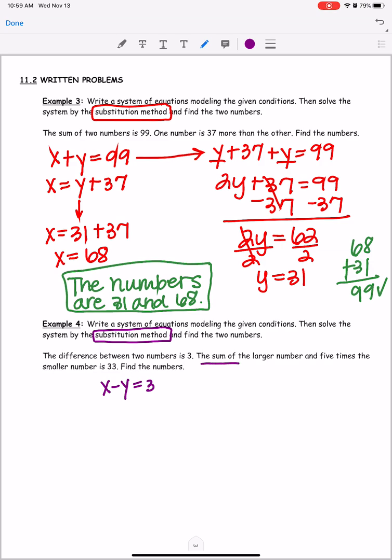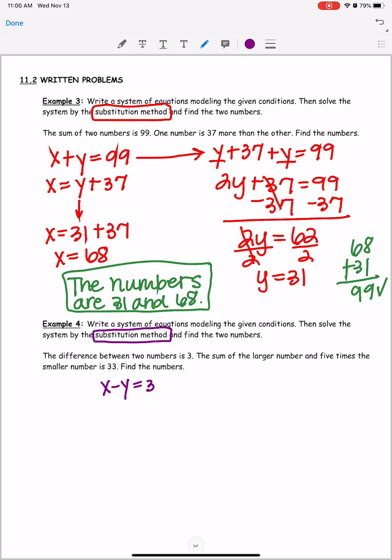Then it says the sum of the larger number, okay, I had to read that. Sorry. The sum of the larger number and 5 times the smaller number is 33.